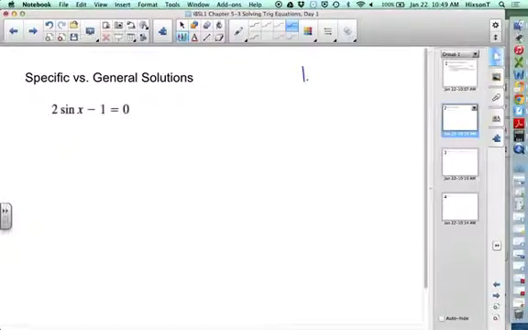First of all, if you have a mixture of trig functions involved, which we don't in this example, try to get the equation in terms of one trig function. As we'll see later on in this section, that's not always possible.